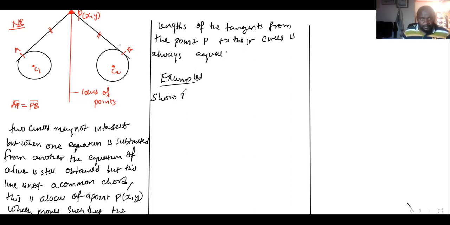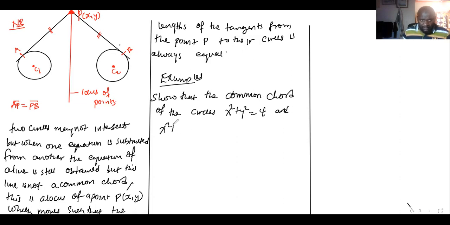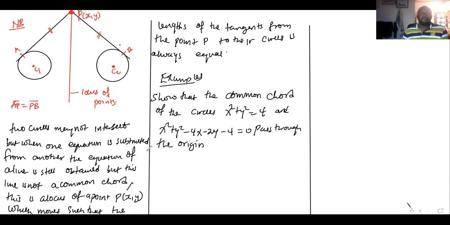Show that the common chord of the circles x squared plus y squared is equal to 4, and x squared plus y squared minus 4x minus 2y minus 4 is equal to 0 pass through the origin. Pass through the what? The origin.